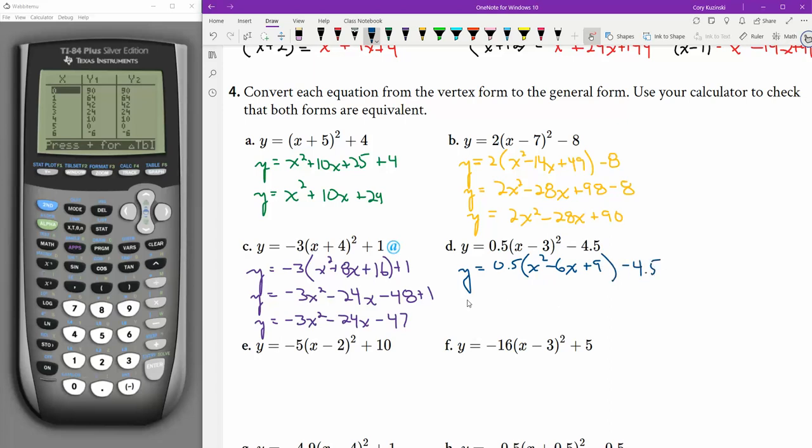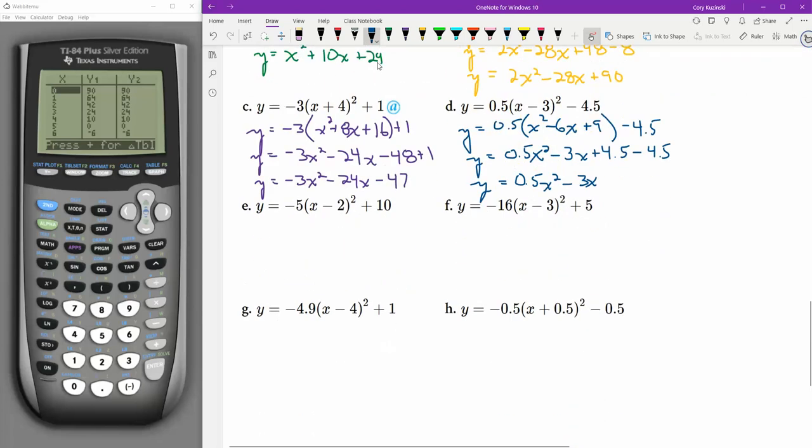All right. Then I'll distribute the 0.5. So 0.5x squared minus 3x plus 4.5 minus 4.5. So this simplifies to 0.5x squared minus 3x.